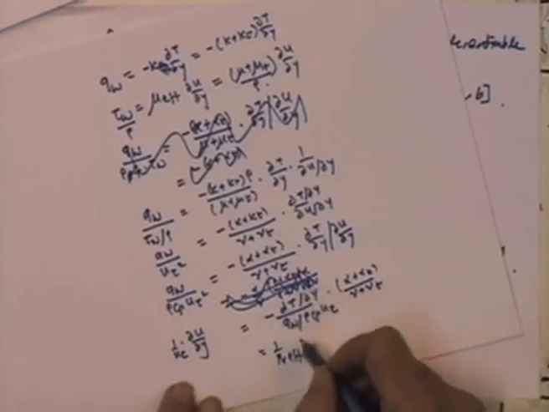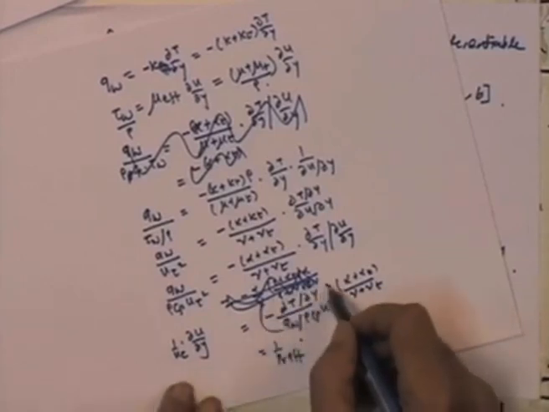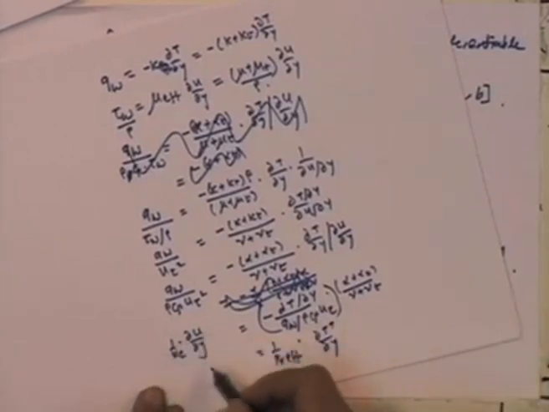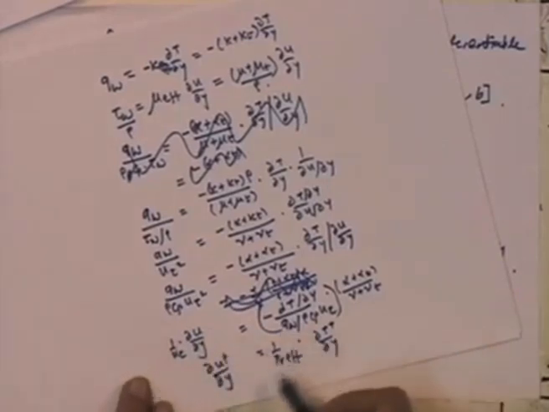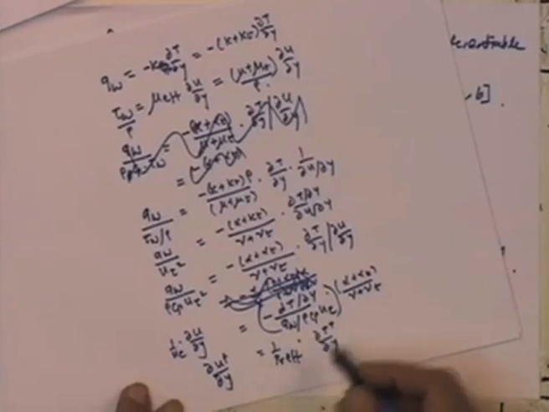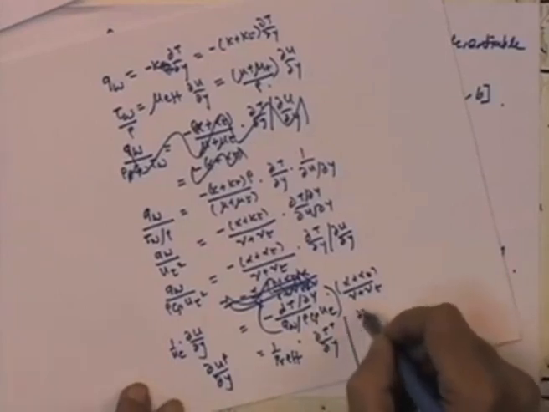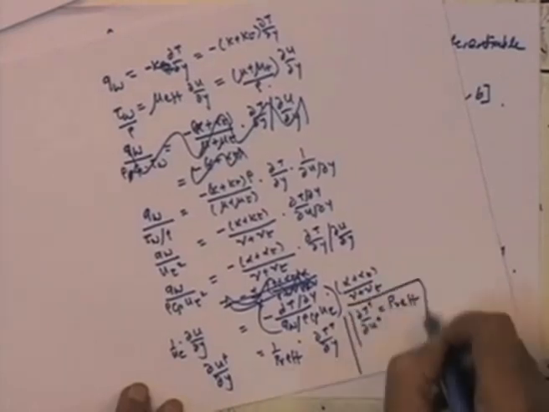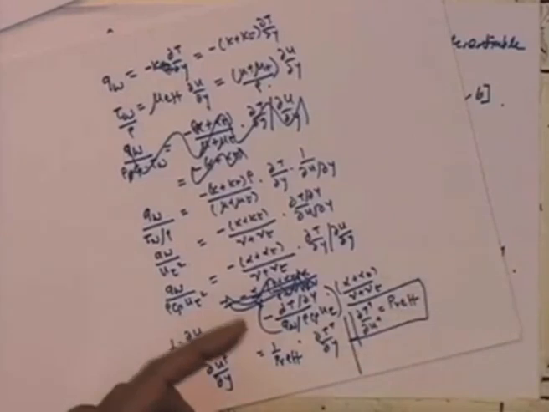And this can be written as dT plus by dy and du plus by dy, and therefore I get the expression that dT plus by du plus equals Prandtl effective, and that's what I've shown here.